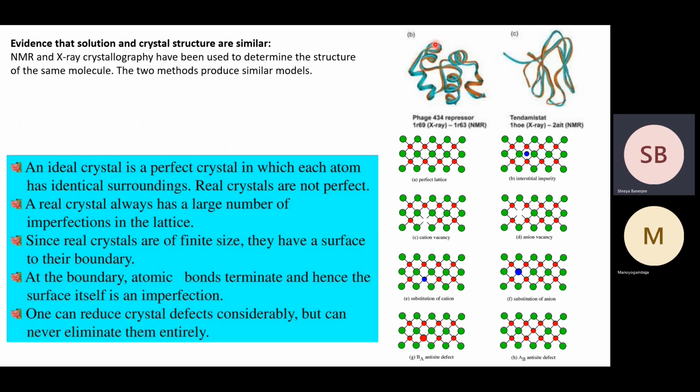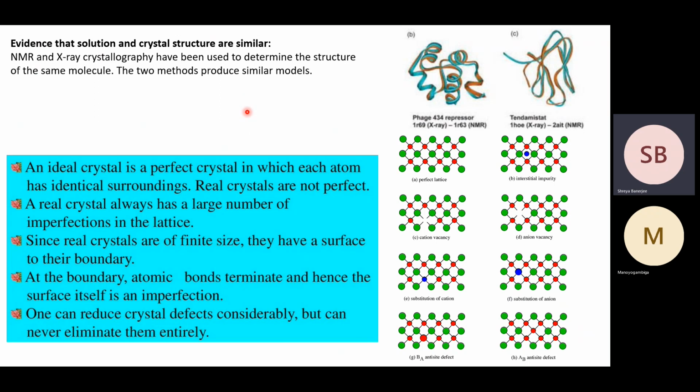As you can see, the two methods produce very similar prediction models for this phage repressor protein. Similarly, in the tendamistat protein, again, the X-ray and NMR structures are very similar. So this is a proof that both these techniques are valid to find the structure of a protein.